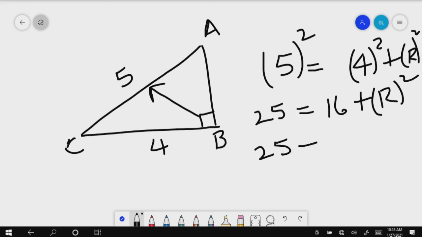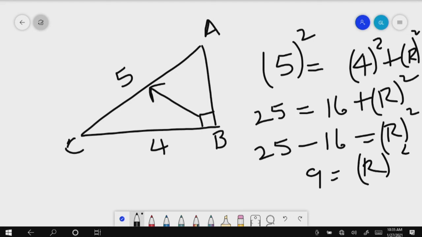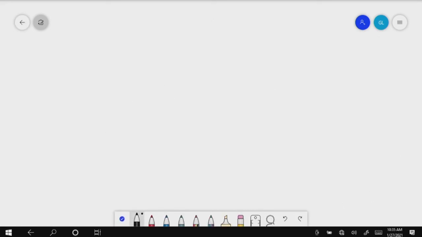Now 25, in transposition, finding the remaining side. But we don't need the remaining side squared, we need that side. So that side there would have been 3.